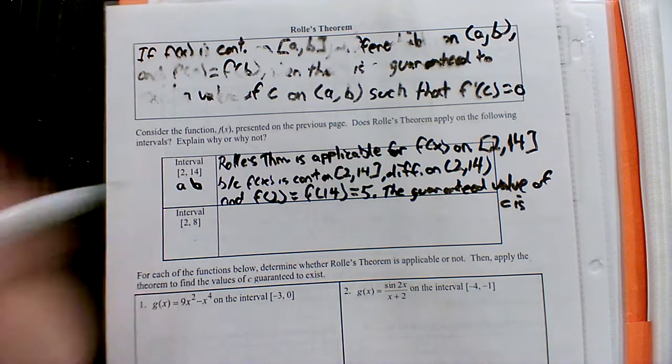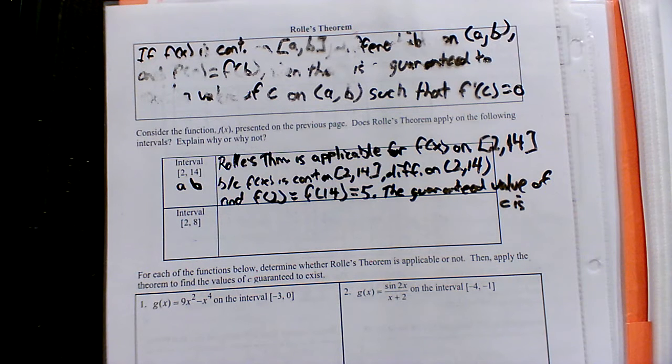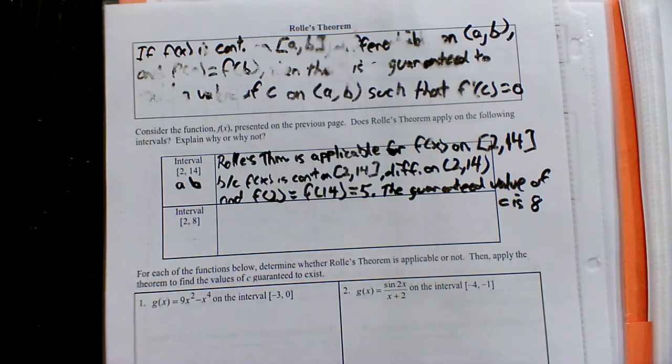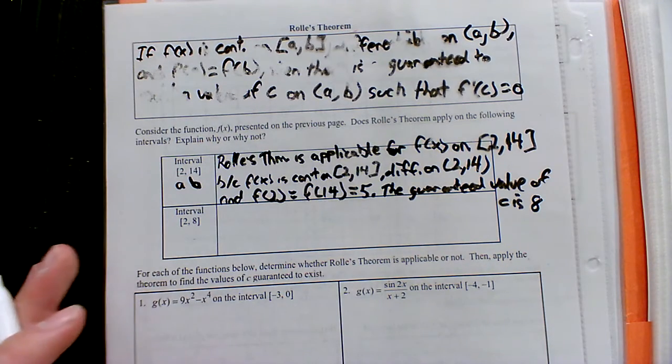A and B. Somewhere between A and B, there's some point C where the derivative is 0. That's what we're looking for. So what is that value of C? What is the value of C between A and B where the derivative would be equal to 0? It is 8. Very good. So at the x value of 8. So C is 8. At that point, that's where the derivative would be equal to 0.